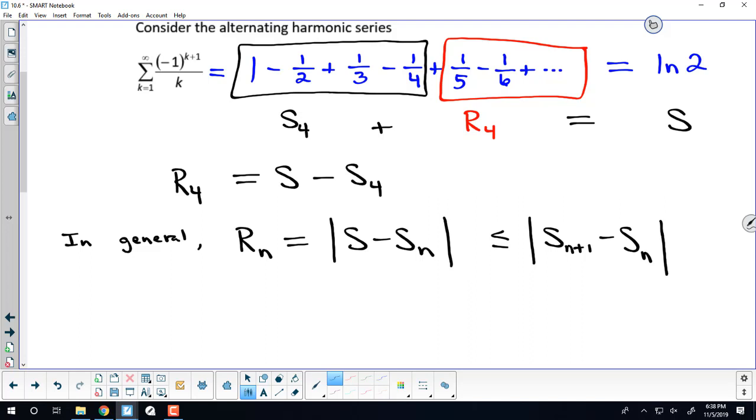So if you have a non-increasing series, the sum of that non-increasing series is bound between successive terms of your sequence of partial sums. So we could verify that with any particular series that statement is actually true.